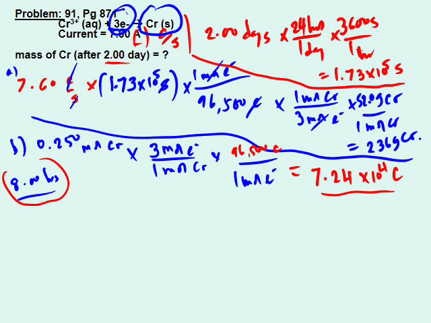So let's write down 1 hour, 3600 second. So this gives me 2.88. Again, you should double check. 2.88 times 10 to the power 4 second.